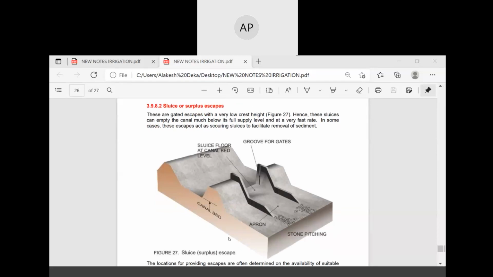This is the sluice escape. Sluice escapes have a very low crest height, hence this sluice can empty the canal much below its full supply level. In some cases, these escapes act as scouring sluices to facilitate removal of sediment.